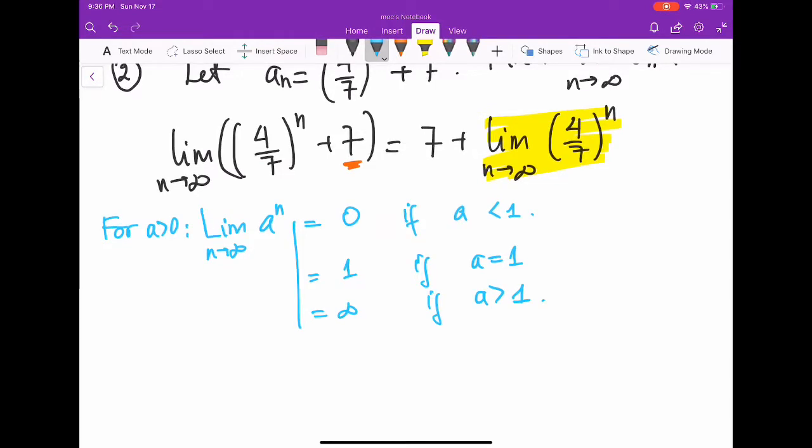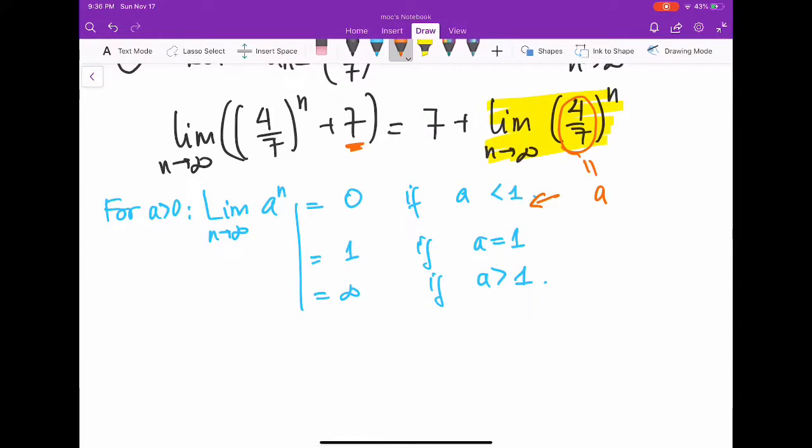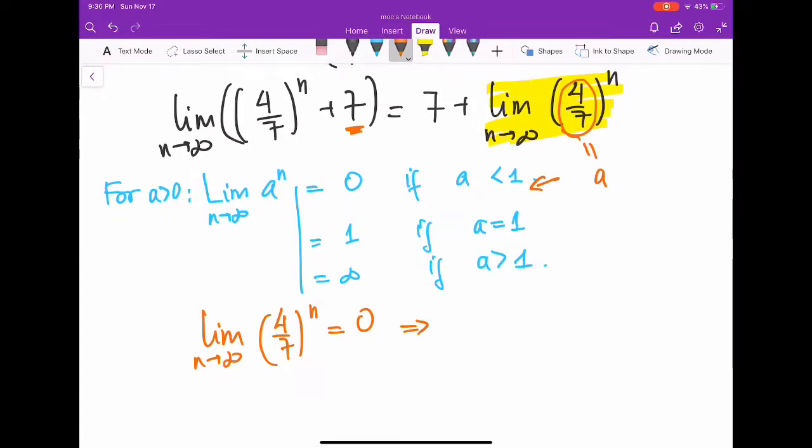In this situation, a is equal to 4 over 7. According to this, we are in the first case, so the limit of (4/7)^n as n approaches infinity is 0. From here, we get that our limit is just equal to 0 plus 7, which is 7.